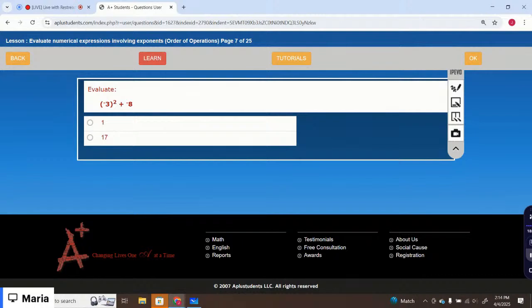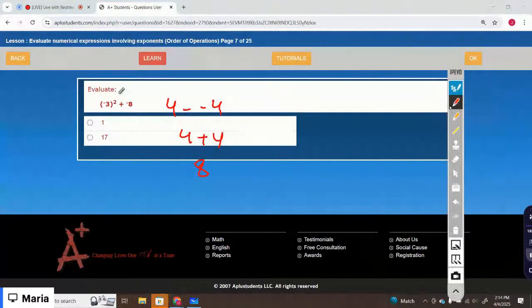Negative 3 square plus negative 8. So negative 3 square is 9, plus negative 8.